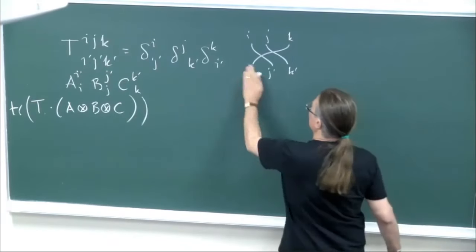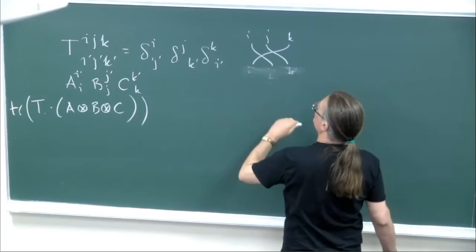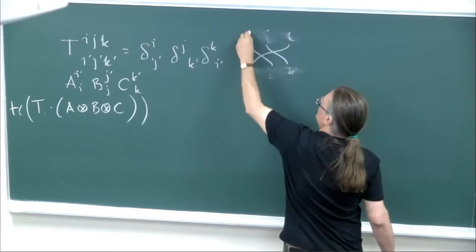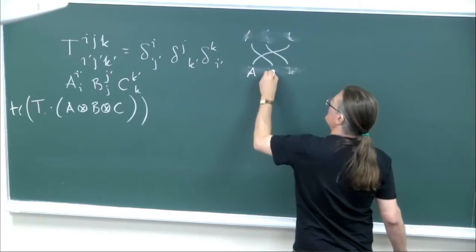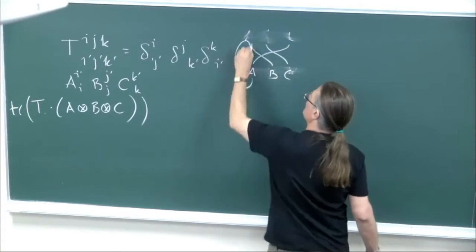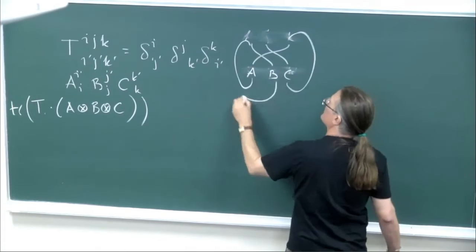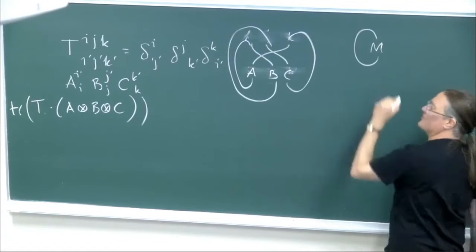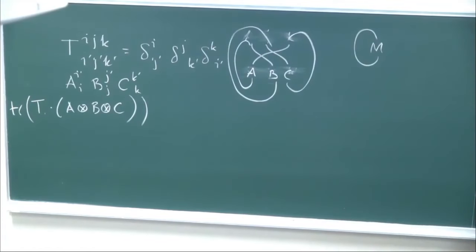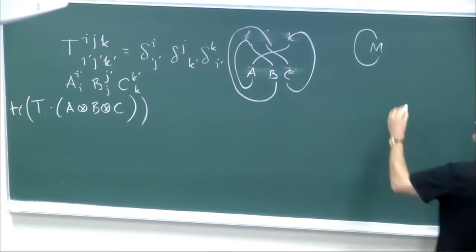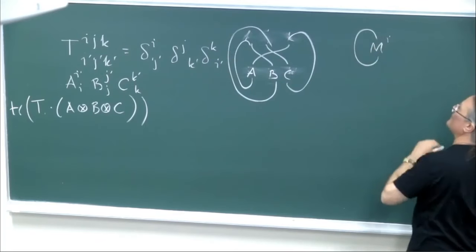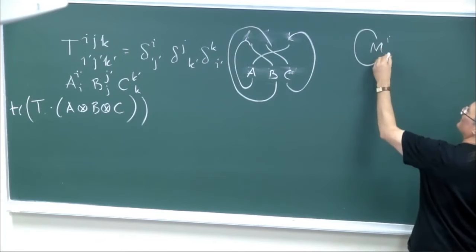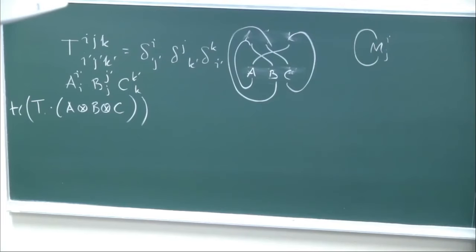And diagrammatically, that takes A, B, C, and then the trace, of course, just does this. Because in this diagrammatic world, the trace of a matrix M just connects it to a loop, which takes its, if you will, incoming row and sets that equal to its outgoing column. So this is the trace.